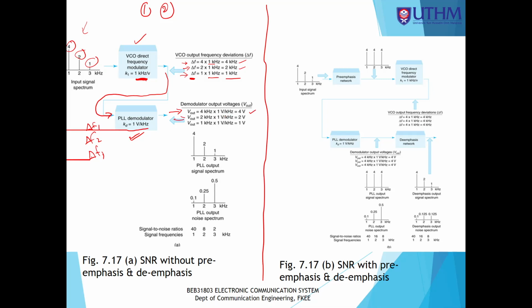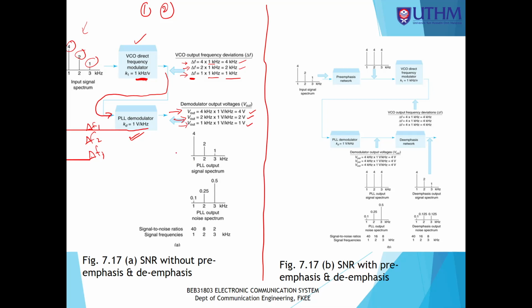V out 2 is delta F2, 2 kilohertz, multiplied with KD, 1 volt per kilohertz, so we get 2 volt. And V out 3 is delta F3 multiplied with KD, so we get 1 volt.